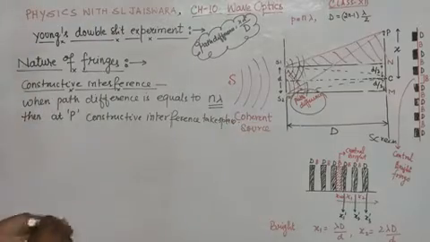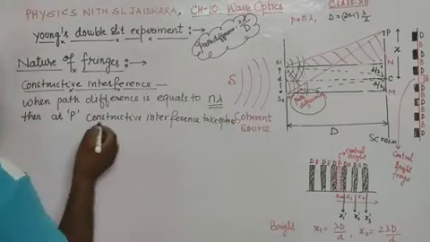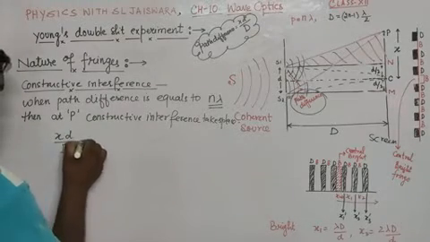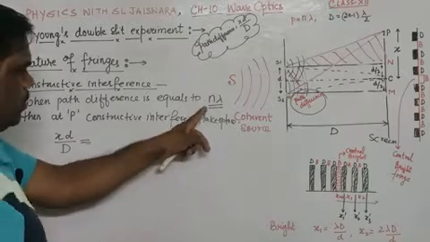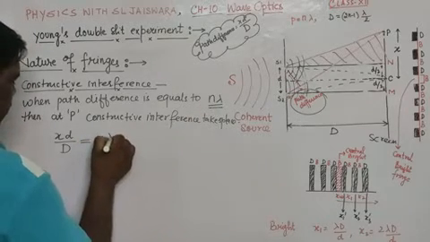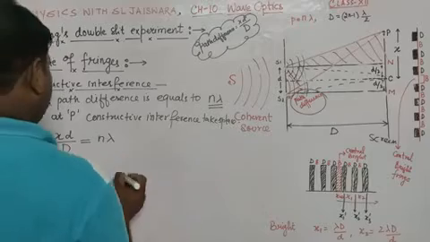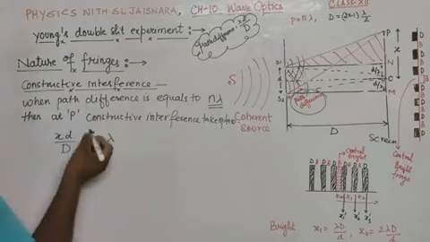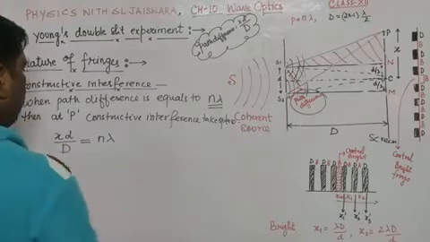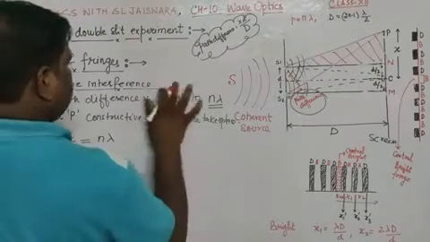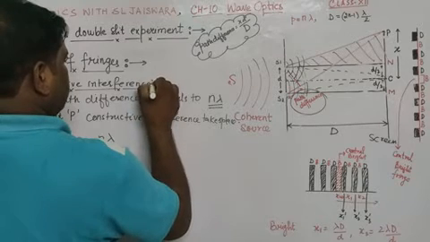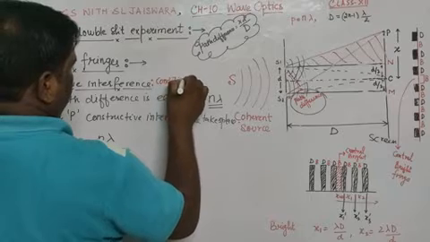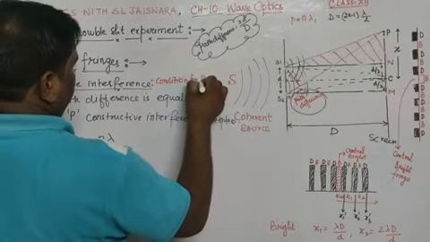Let us see, path difference was x small d upon capital D. When this is equal to an integral multiple, n lambda, then this will be the condition for, you may write here in bracket one more thing, bright fringes.